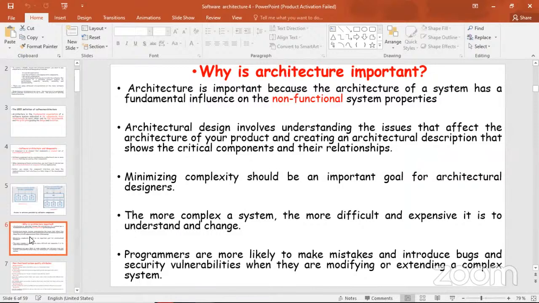Architectural design involves understanding the issues that affect the architecture of your product and creating an architectural description that shows the critical components and their relationships. The critical components are known as the functional requirements. Then the relationships are called the non-functional requirements.